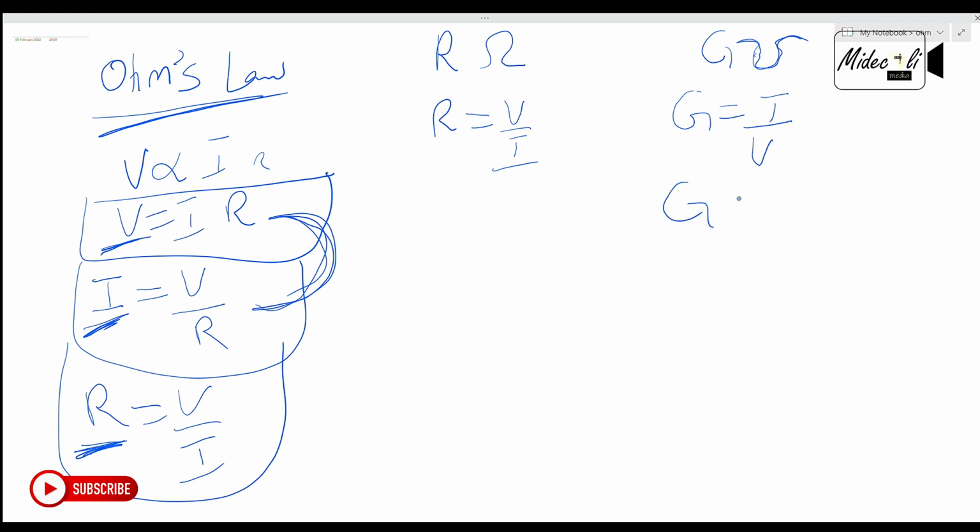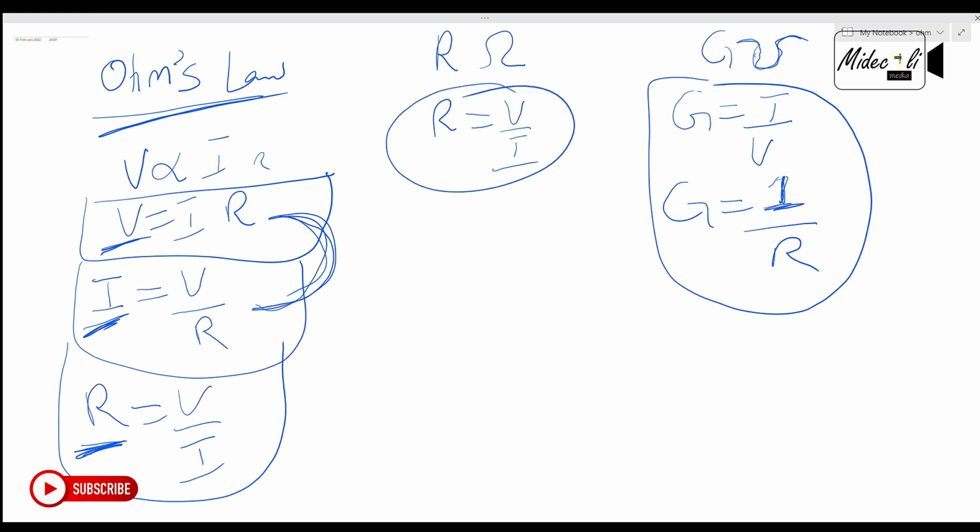Because conductance is equal to 1 over R. Measured in mho, and resistance is measured in ohms.